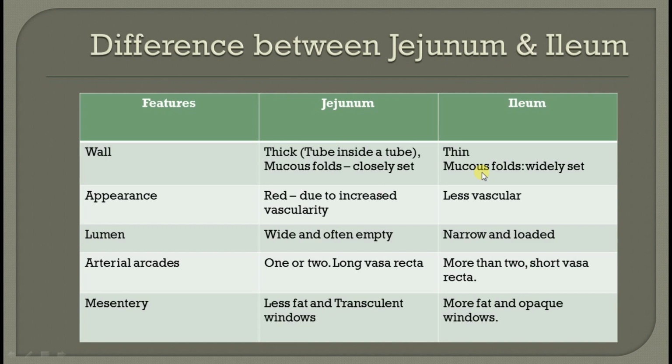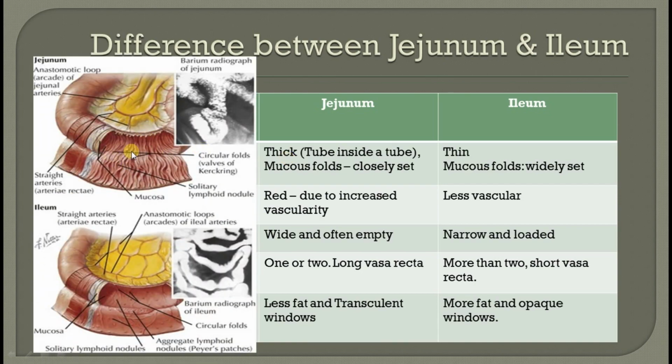Now, what is the difference between the jejunum and ileum? If you palpate the wall of the jejunum and the ileum, the jejunal wall will be very thick due to the presence of the mucosal folds, or the valves of Kerckring. The valves of Kerckring are absent in the first part of the duodenum, and in the ileum they are very thin folds, not thick folds, and they are widely set, not closely set folds like this.